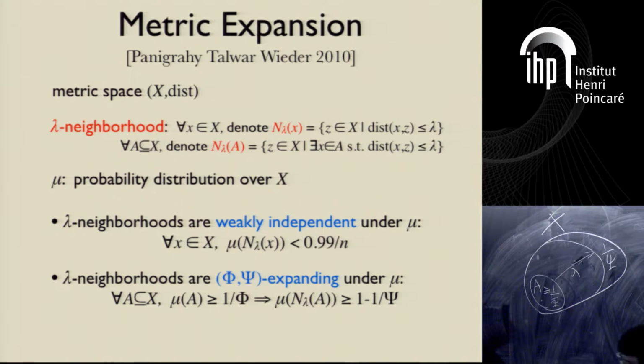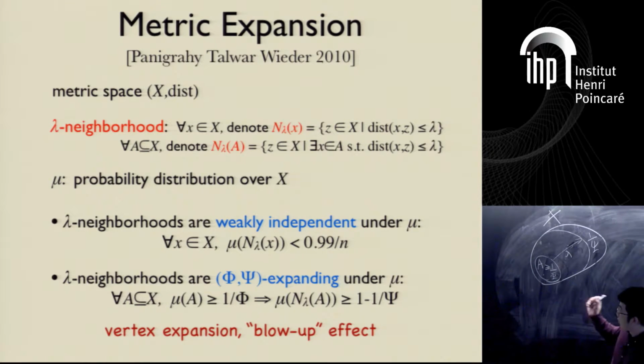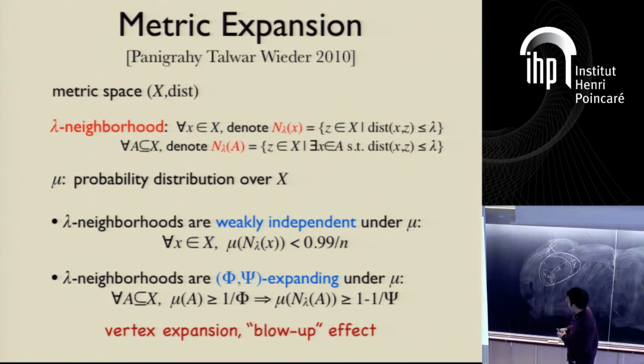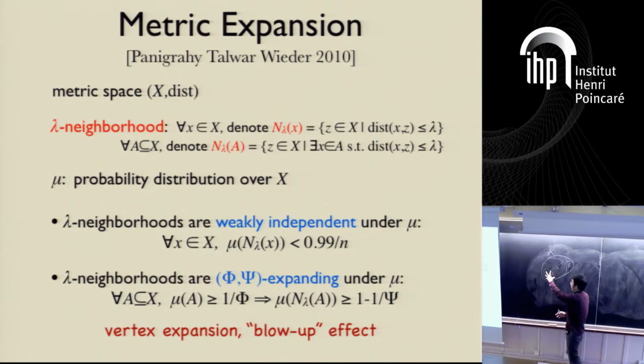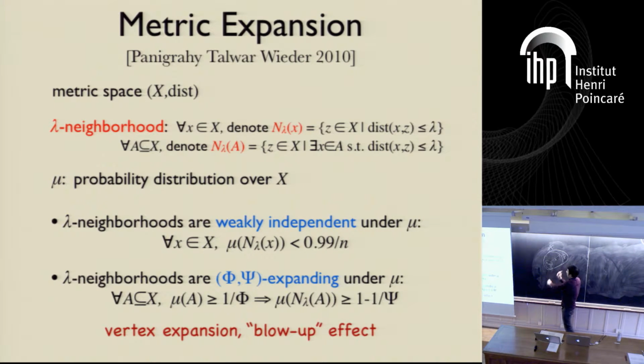So this is basically just the vertex expansion of the metric. It gives an isoperimetric inequality for the metric space. So it says a sufficiently large set must grow into a very large, almost entire space except for this remaining small region.